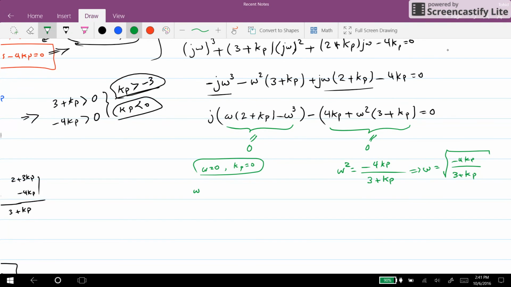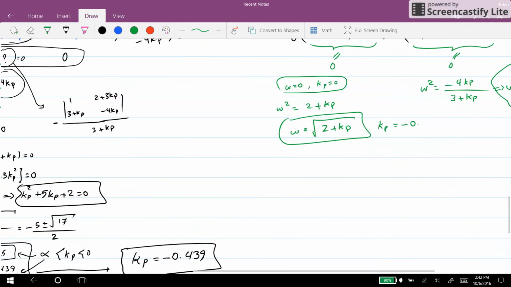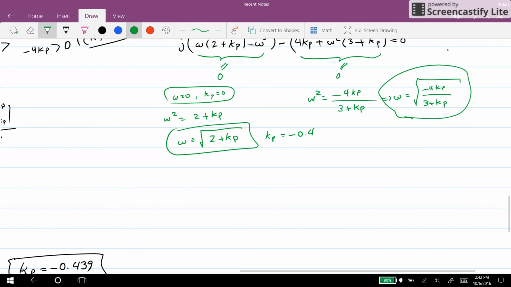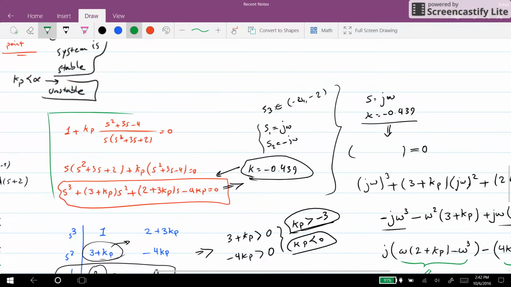And on the other hand, we will have omega squared equal to 2 plus kp, or omega equal to square root of 2 plus kp. From any one of these two, by setting kp equal to minus 0.439, the exact value of kp indeed, we will get omega equal to 0.8274. So this is the value for the poles on the j omega axis.